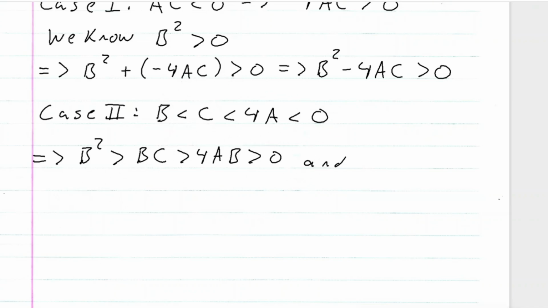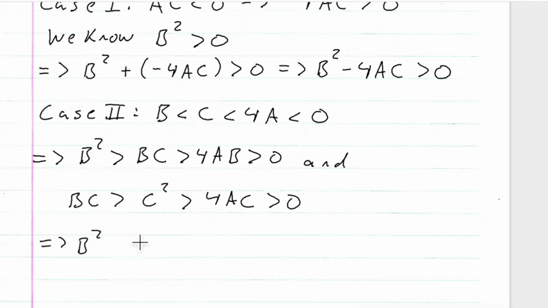So bc will be bigger than c², which will be bigger than 4ac, which is bigger than 0. Now, I have b² is bigger than bc, and I have bc is bigger than 4ac, right?